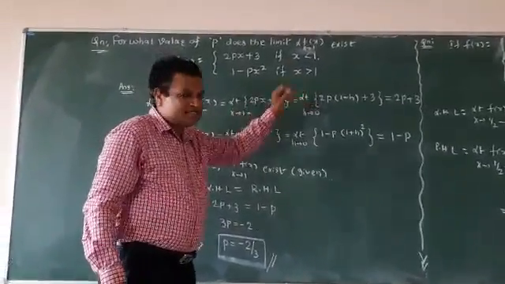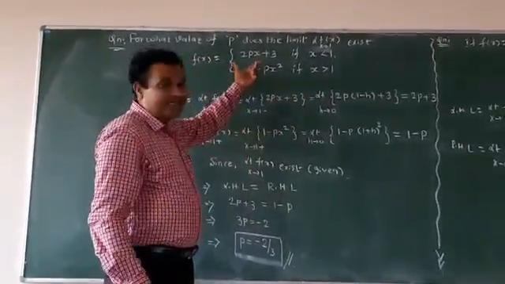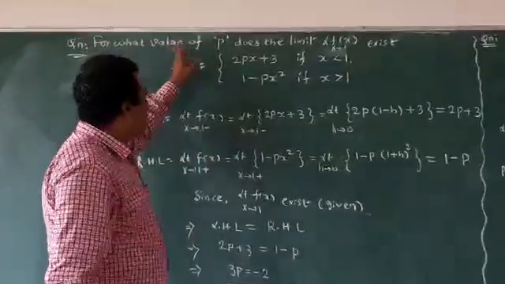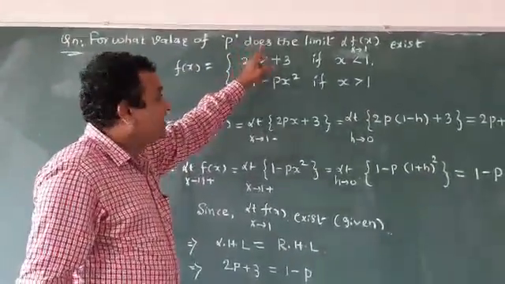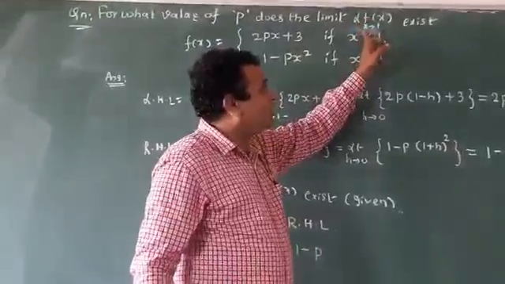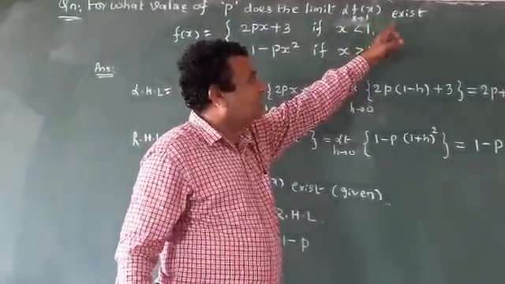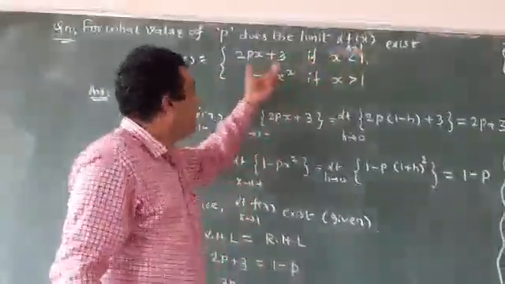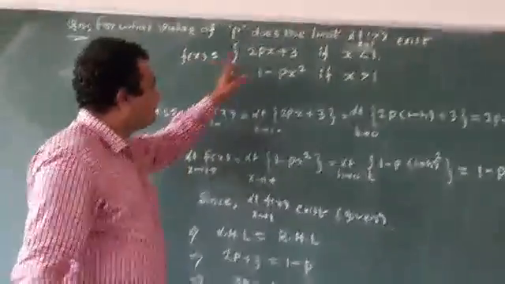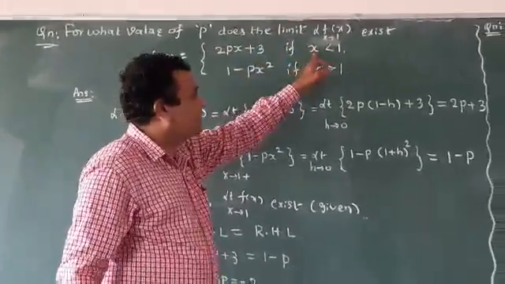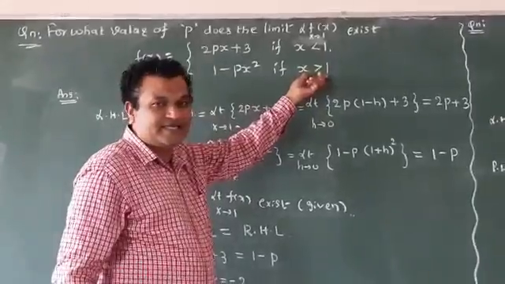Okay, so here the question is: find for what value of p does the limit of f of x as x tends to 1 exist. Here the function is defined like this: f of x equals the given function if x is less than 1, and another expression if x is greater than 1.